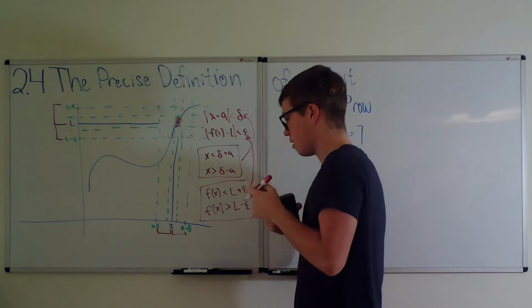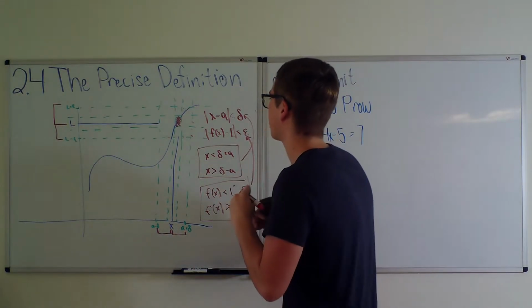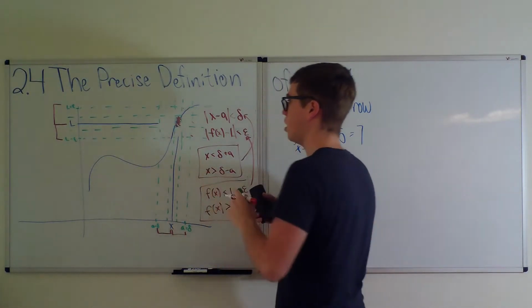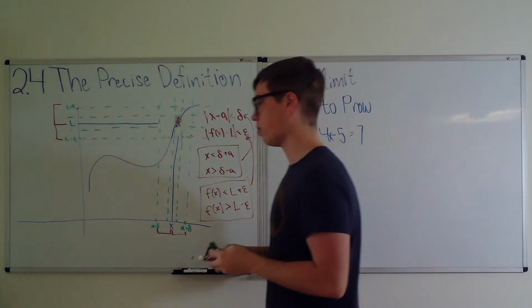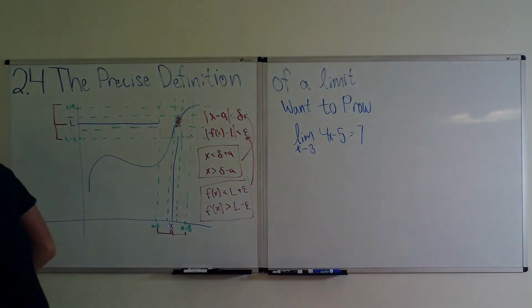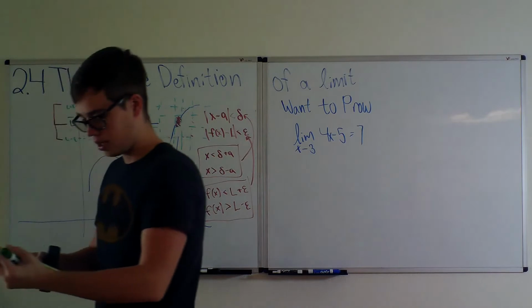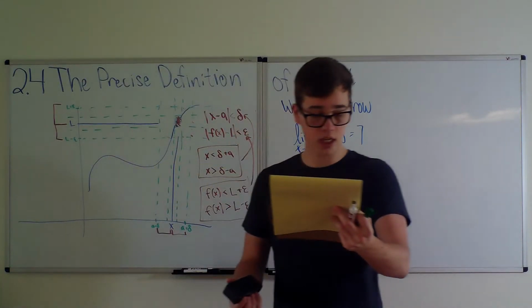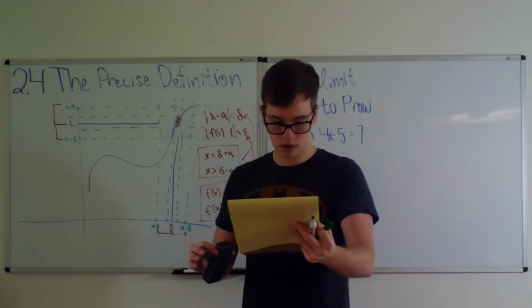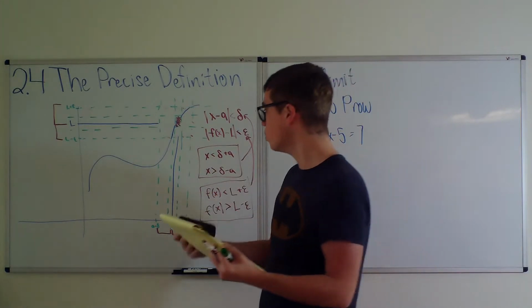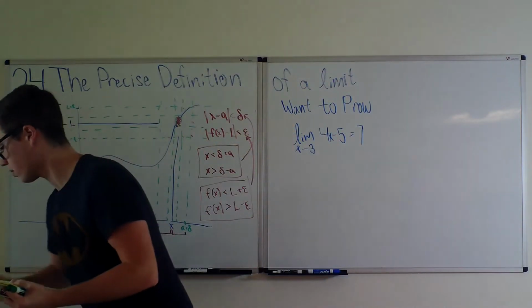And that happens right here. So that's one way of looking at the precise definition of a limit. And you can see as delta and epsilon get smaller, the closer you get to the limit.